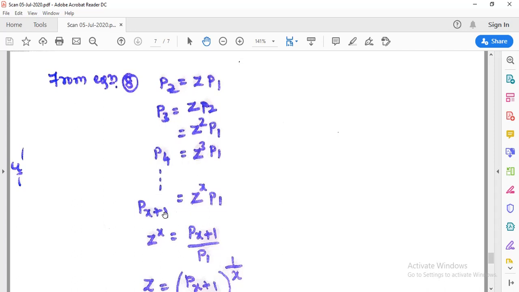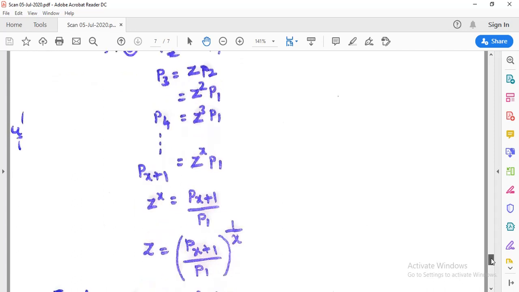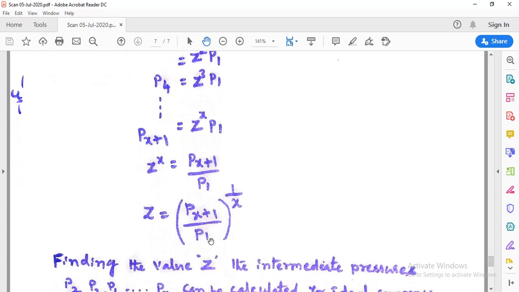So for x number of stages, P of x plus 1 is equal to Z to the power of x into P1. I want Z. Z to the power of x is equal to P of x plus 1 divided by P1. Z is equal to P of x plus 1 divided by P1 whole to the power of 1 by x. So finding the value of Z, we can find the intermediate pressures in all the cylinders.